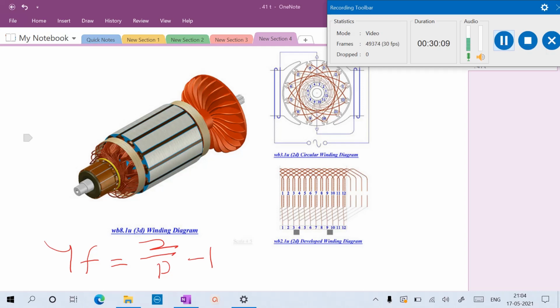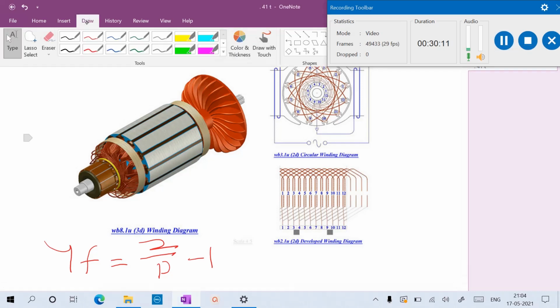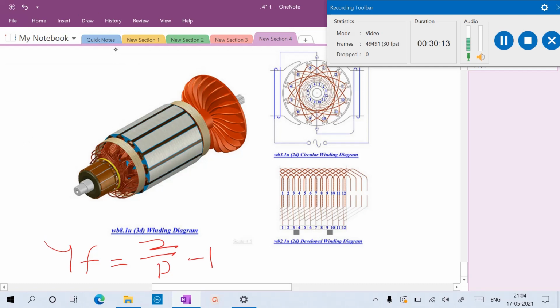If this is our armature, this is the commutator, this is the armature, and this is the shaft. These are the slots. You can see this is slot 1, slot 2, slot 3. Similarly, if this portion is cut and made straight, this is the one lap winding.